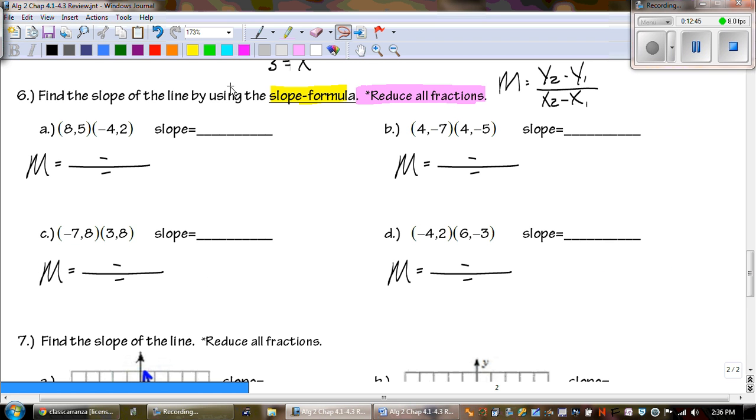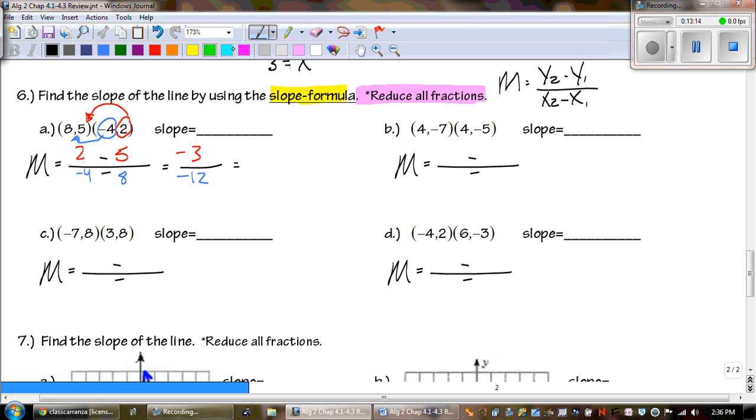So let's do A. Remember, y2 minus y1, so 2 minus 5, and then negative 4 minus 8. 2 minus 5 is negative 3. And negative 4 minus 8 is negative 12. Always reduce.